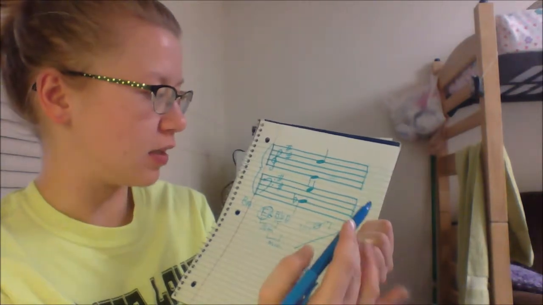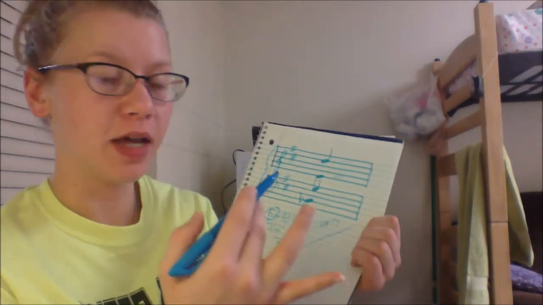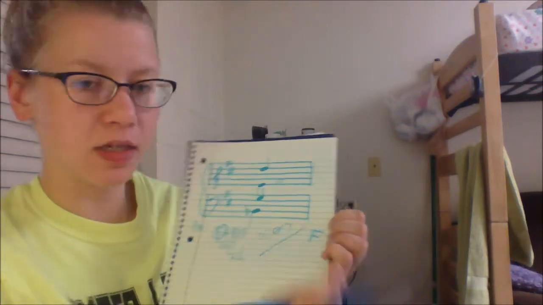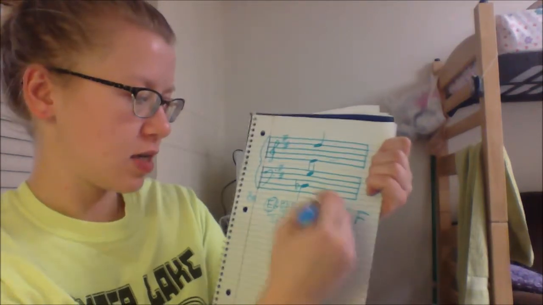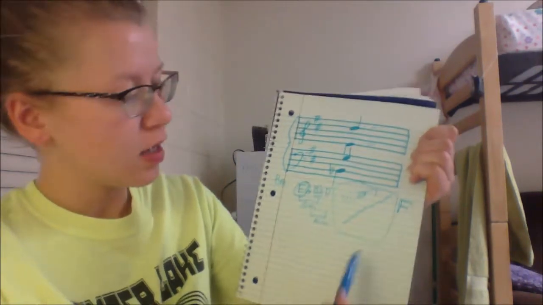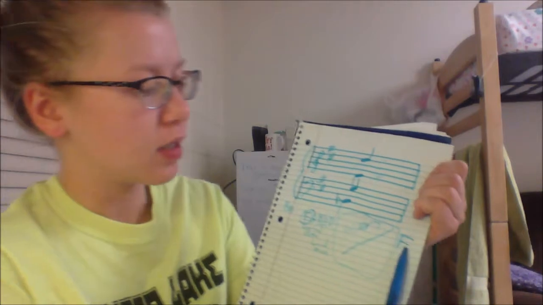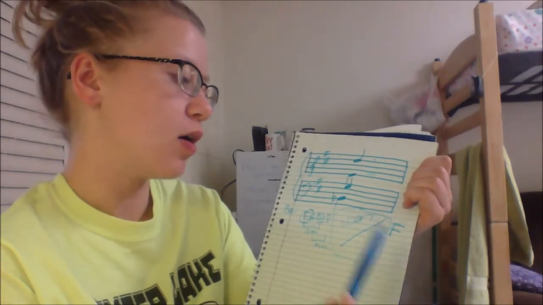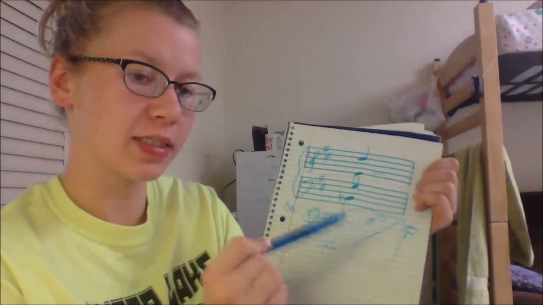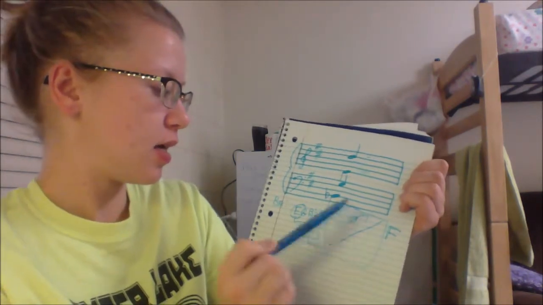And so we are thinking now in the key of F. I'm going to write this off to the side. But we need to figure out what this is. So, in the key of B minor, what scale degree is F?